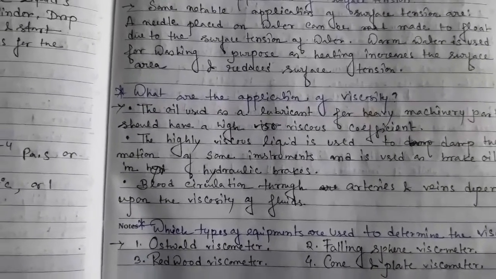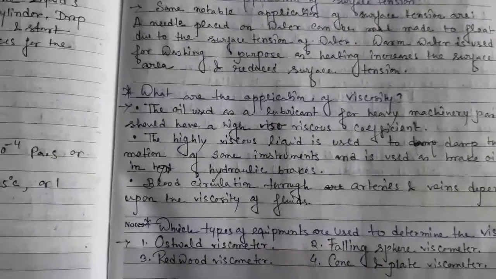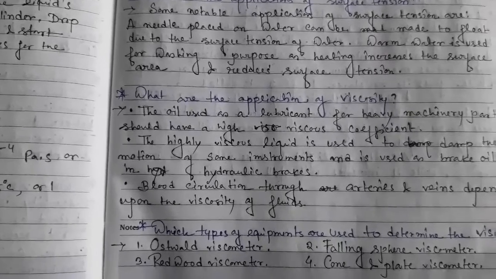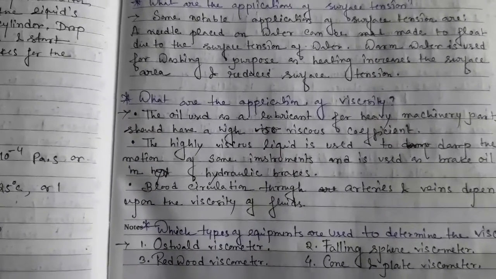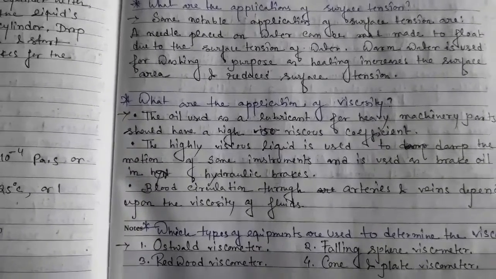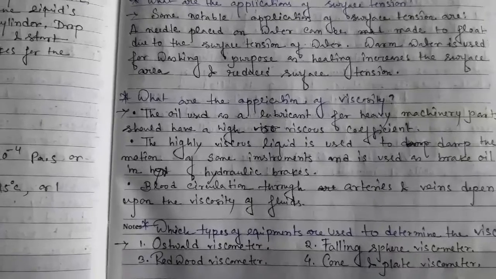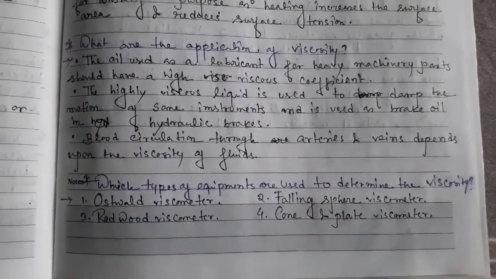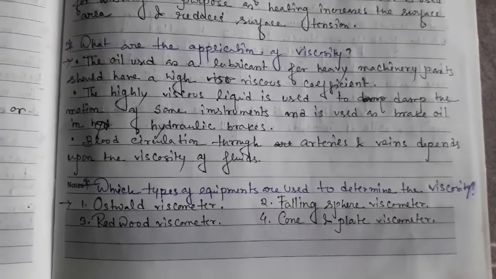Everything you have to include in the difference between surface tension and viscosity, because the marks for this question will be large, almost 5 to 8 marks. You have to write this type of points for the answer. Another question is, which type of equipment is used for determination of viscosity?